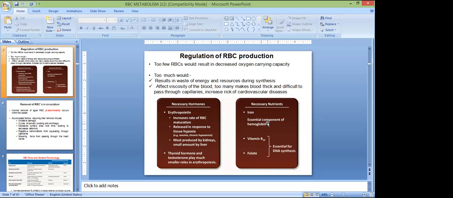And that is why guys have a higher hemoglobin level than ladies, because testosterone stimulates production of more hemoglobin and more RBCs. The necessary nutrients, we know them: iron, vitamin B12, folate. That's why types of anemia would be iron deficiency anemia, and megaloblastic anemia due to vitamin B12 and folate deficiency.